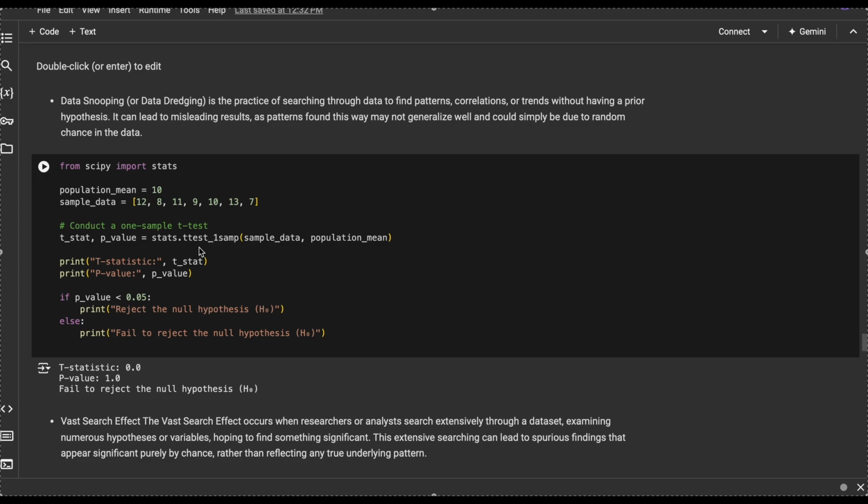However, any pattern found purely by chance can be mistakenly interpreted as meaningful. For example, analyzing hundreds of stock market indicators to predict future stock prices, if there is no clear hypothesis set up beforehand.